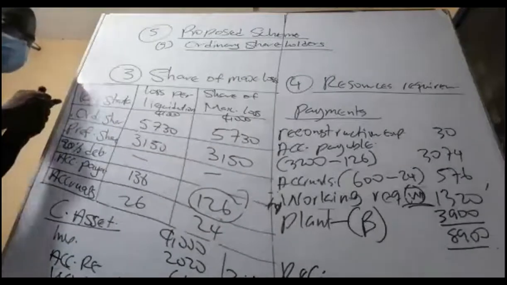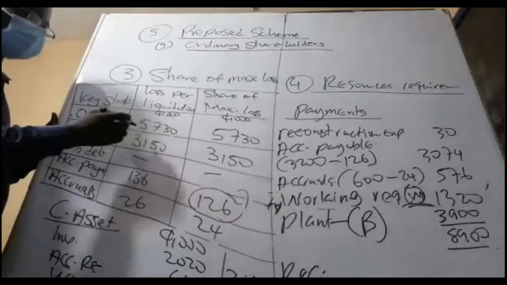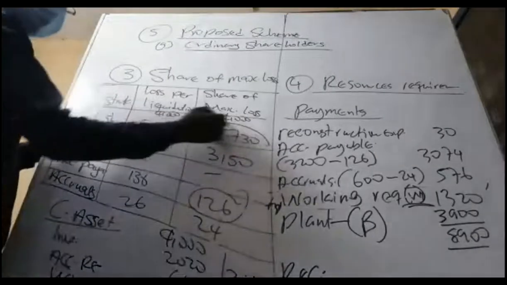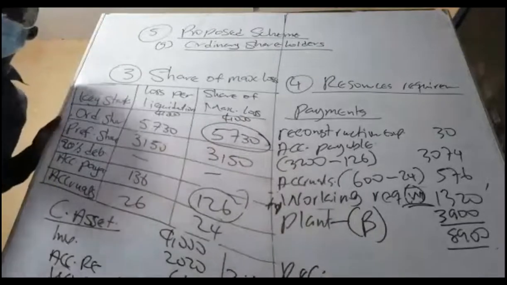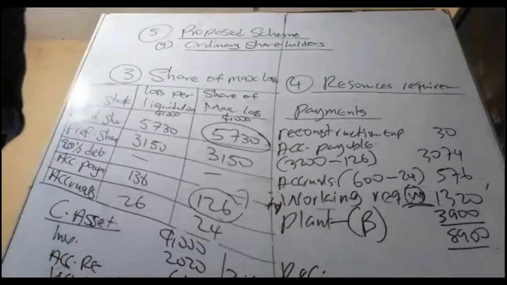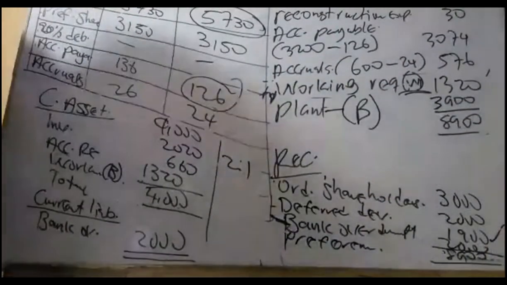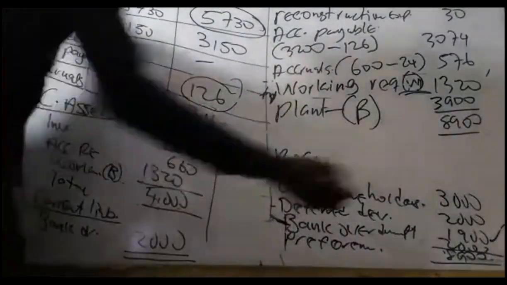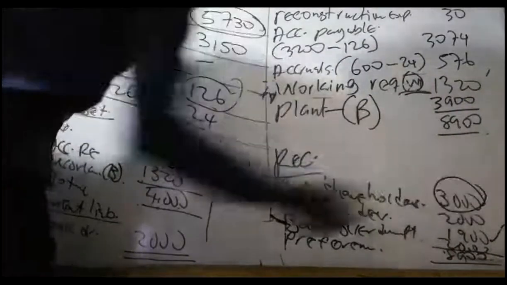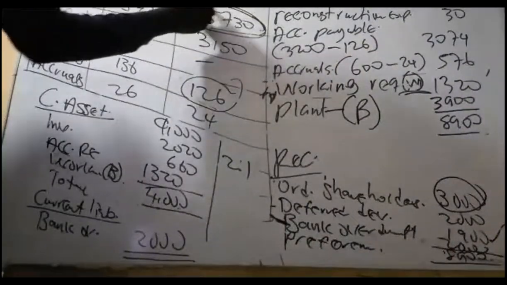So now shareholders, how much are they losing? This is what they are losing, right? How much are they bringing? So let's go to the money. Ordinary shareholders, they are bringing 3 million, but they are losing this. That's all.